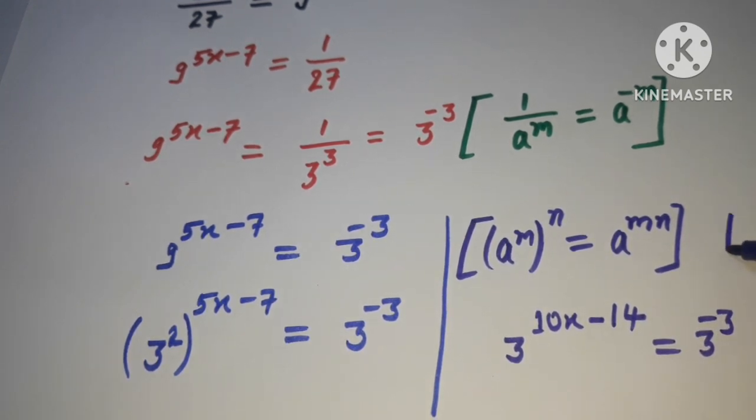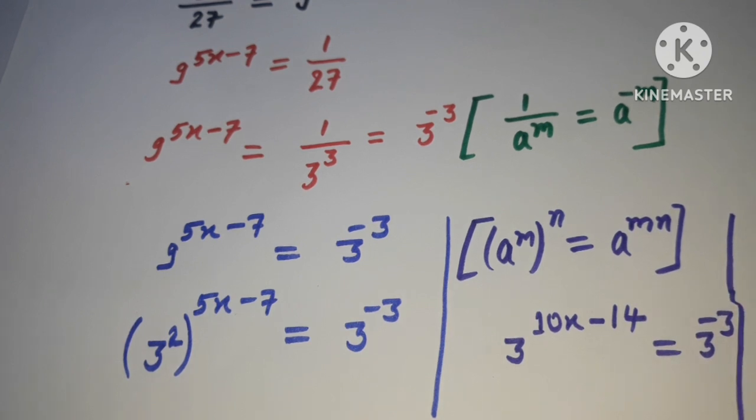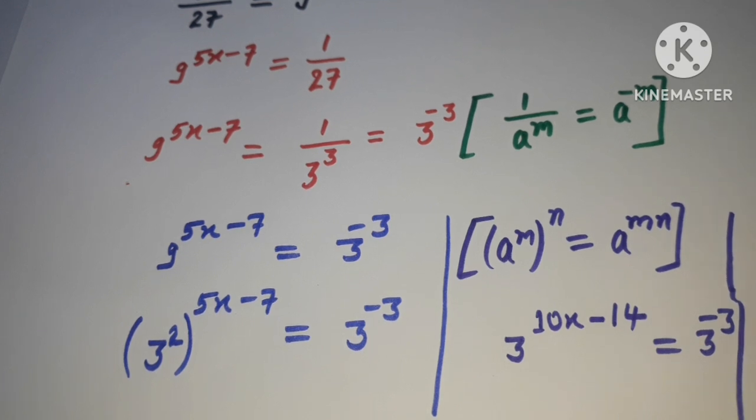Once more I'm going to use one formula over here. That formula is: suppose a to the power b equals a to the power c, this implies that b should be equal to c.